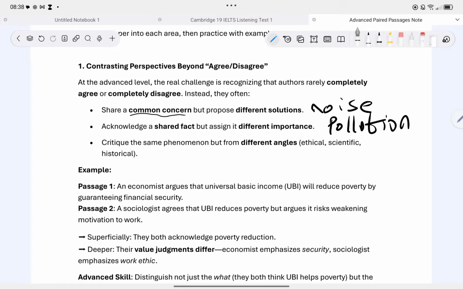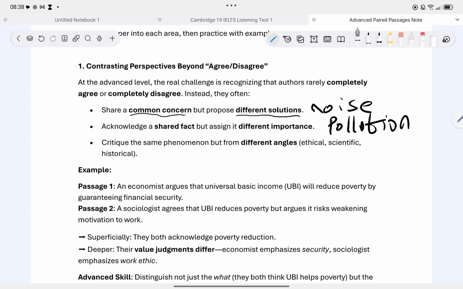Now, from the superficial perspective, you may say, oh, both paragraphs agree. But there are times when there are subtle differences, not obvious ones. They may agree on the main point, but there are times where there are differences, such as the solutions.